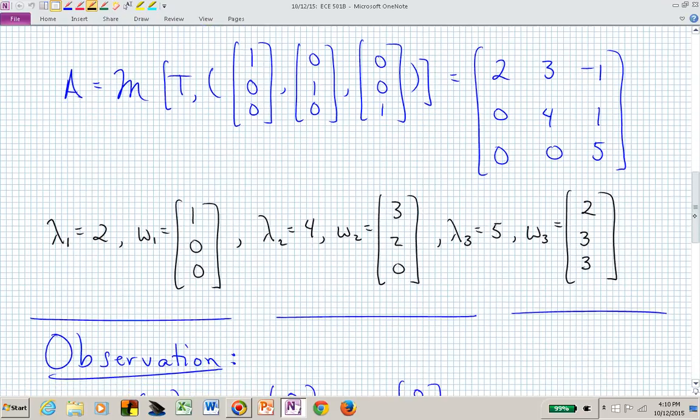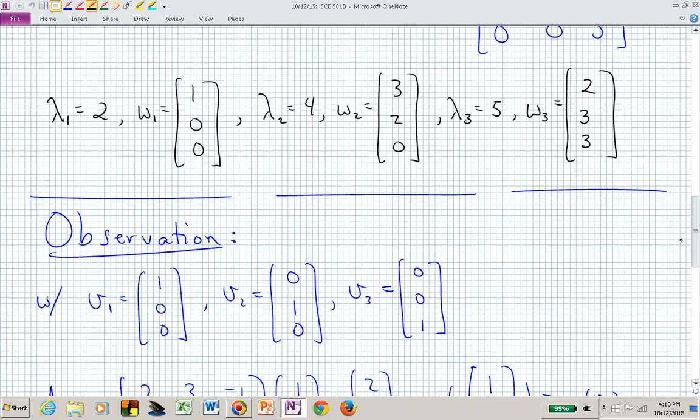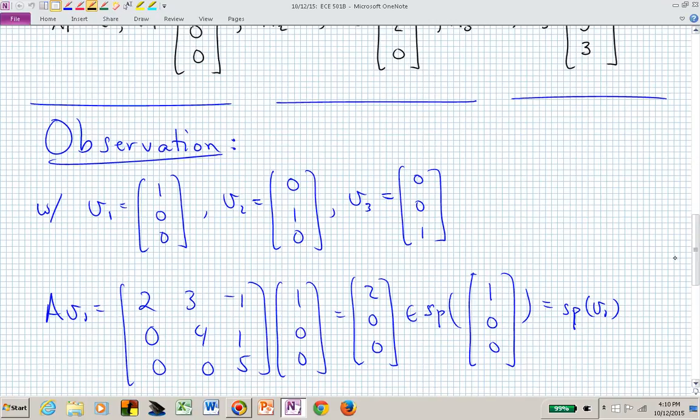With this particular matrix, we can observe what happens with A operating on V1, our first, let's say, basis vector. The first basis vector is the x direction. The result of A V1 is we stay in that direction.